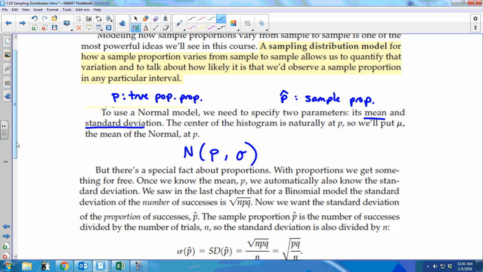And the formula for the standard deviation was the square root of n times p times q. Okay? So what we do is we use that to come up with our standard deviation for proportion. All right? Since we're looking for, instead of the number of successes, the proportion of successes, because we're looking at proportions or percentages, then we just divide by the sample size.